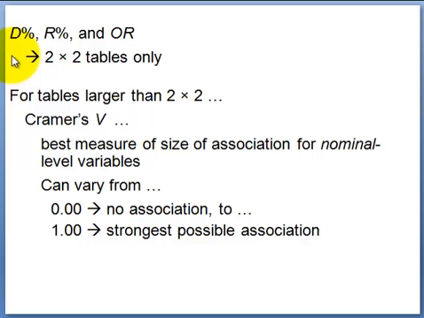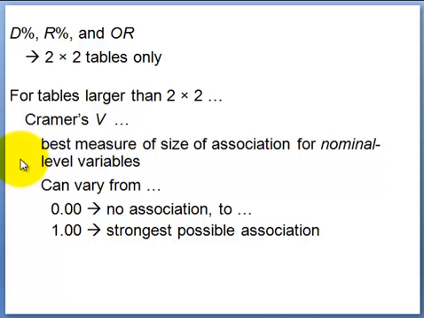So an excellent measure for tables that are larger than 2 by 2 is Cramer's V. I do indeed think it's the best measure, or it's a very good measure of size of association for nominal level variables in contingency tables that are larger than 2 by 2.